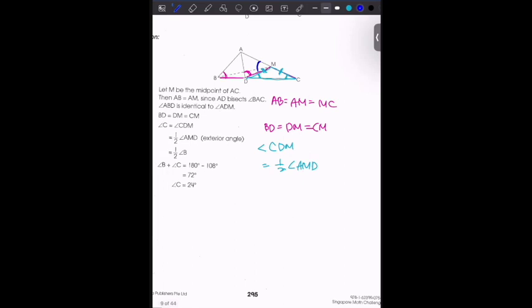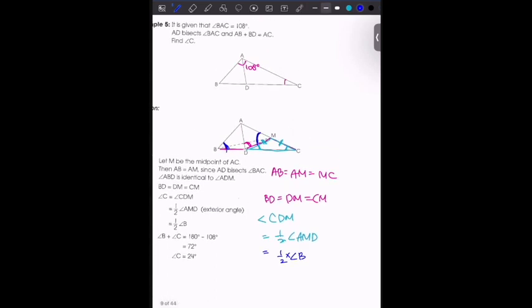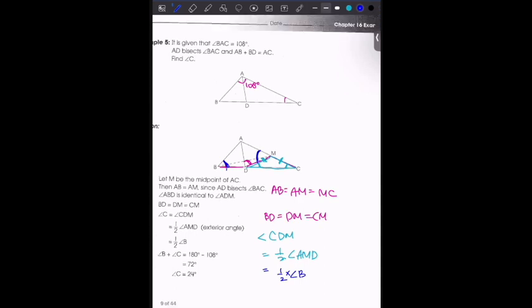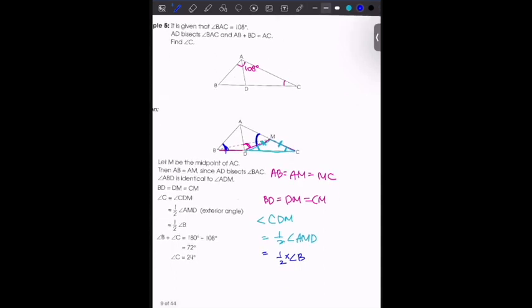So that exterior angle, angle AMD, is going to be the same angle as angle B. And so what this becomes is 1/2 times angle B. I know it's a little confusing, but follow along. Since we know that angle BAC here, I'll just do it with a different color.